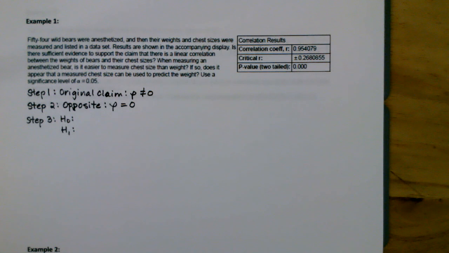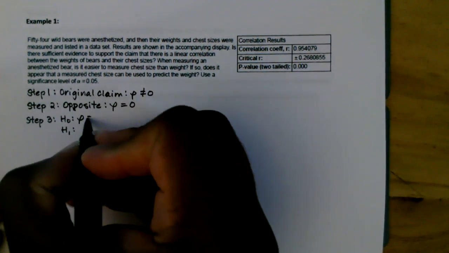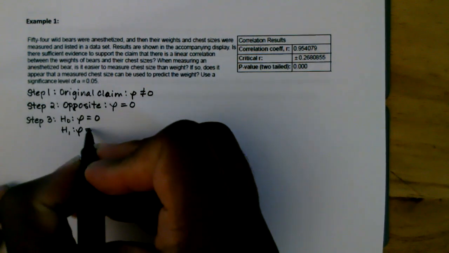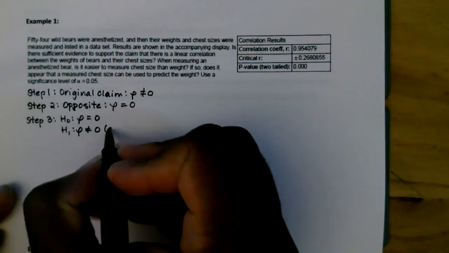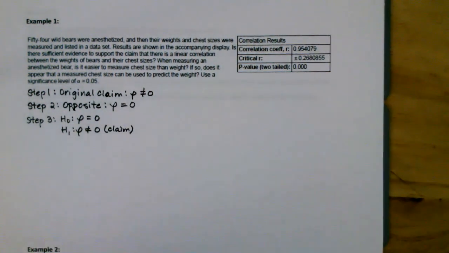Well, of course, the null always has the equal sign in it. So the opposite of the original claim must be the null. And then your original claim, rho is not equal to 0, is the alternative. And I'm going to write the word claim here. And pretty much in these examples, step 1, step 2, and step 3 are going to be the same. It's always going to be like that because you're testing the claim of whether there is a linear correlation between two variables.